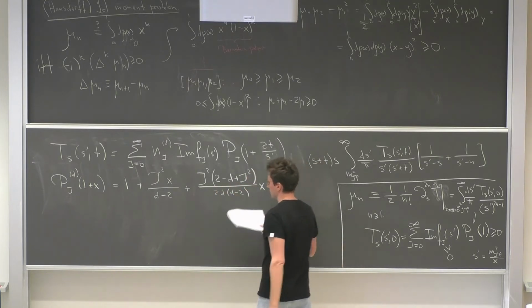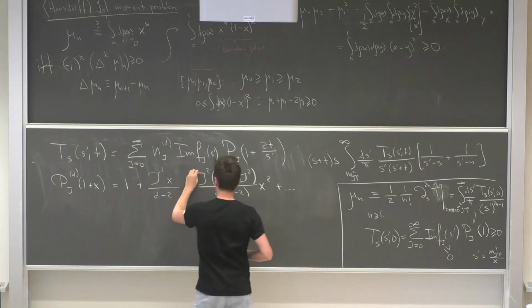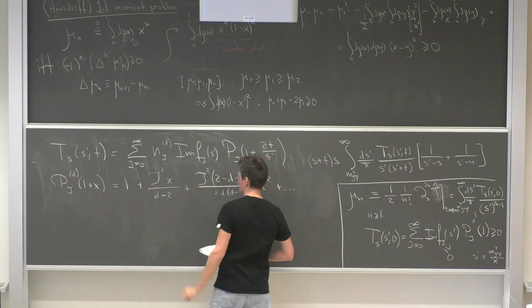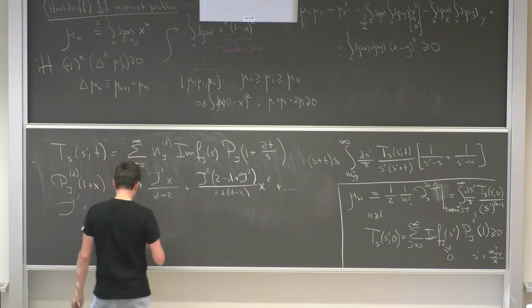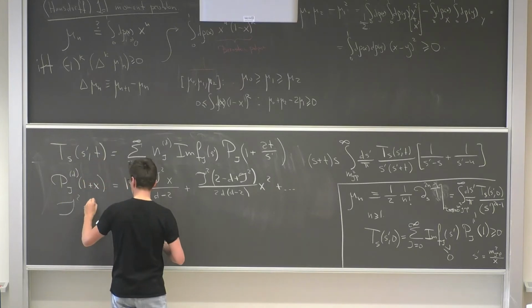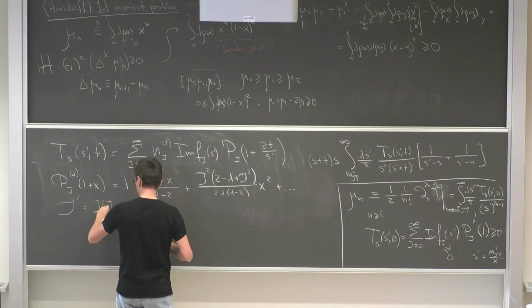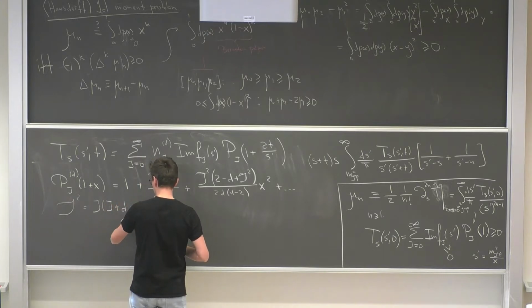The calligraphic J squared is different from this J, and calligraphic J squared is the quadratic Casimir of the rotation group in d dimensions.